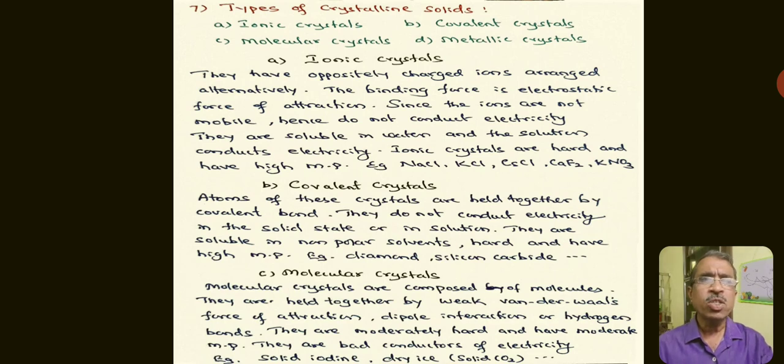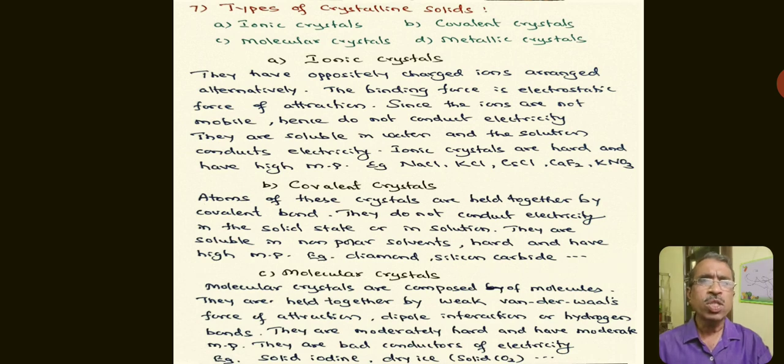The crystalline solids are of four types: ionic crystals, covalent crystals, molecular crystals and metallic crystals. Coming to the ionic crystals, they have oppositely charged ions arranged alternately. The binding force is the electrostatic force of attraction.